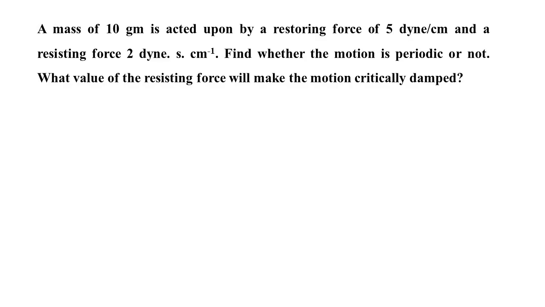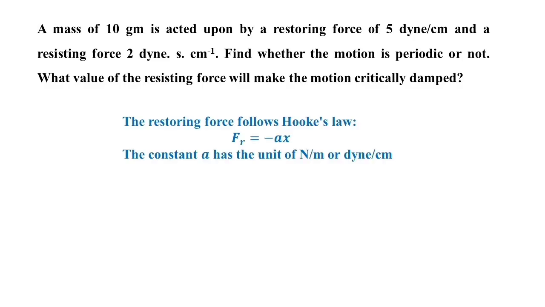We have to determine whether the motion is periodic or not and the value of the resisting force which makes the motion critically damped. So according to the problem, we know the expression of restoring force, which is directly proportional to the displacement, can be written as F restoring is equal to minus AX, A being the force constant, and it has unit Newton per meter in SI system and dyne per centimeter in CGS system.